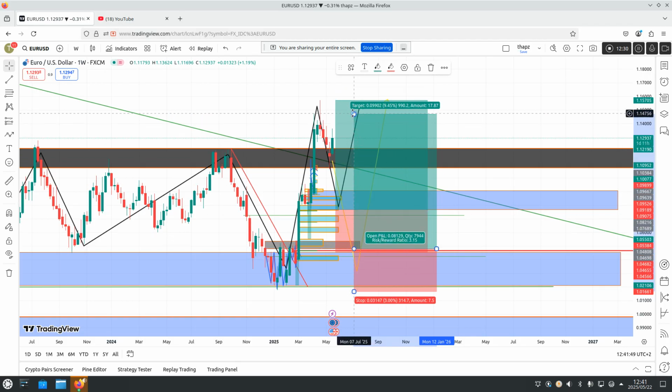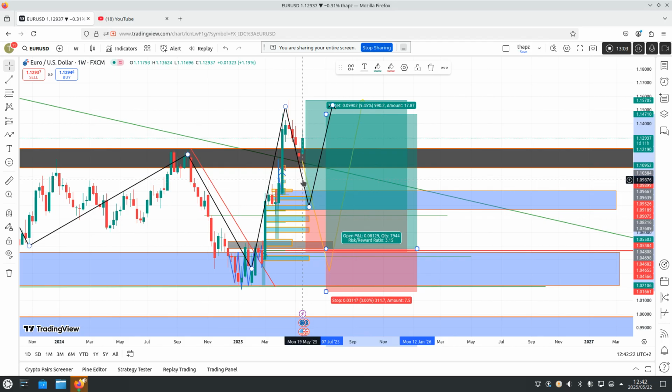We take profit there at 1.14710 and expect a stop loss of 1.01661. So for the second stop loss, we're already expecting a buy there, guys.